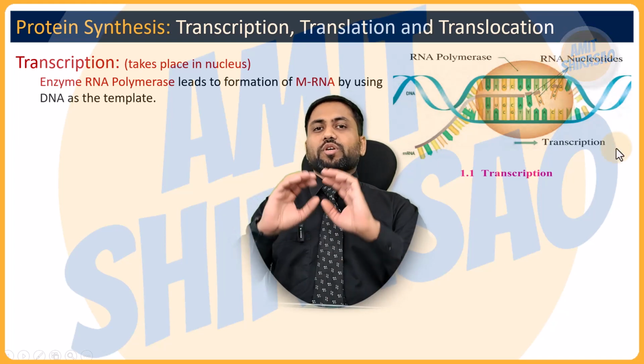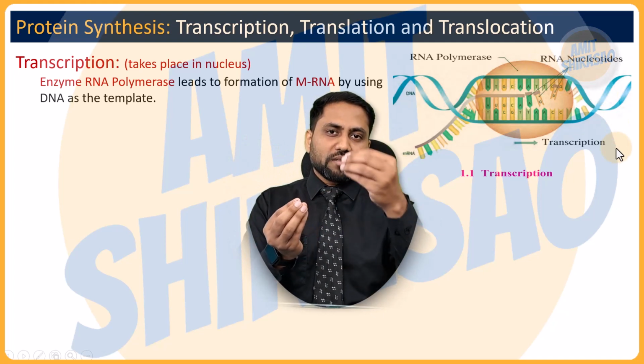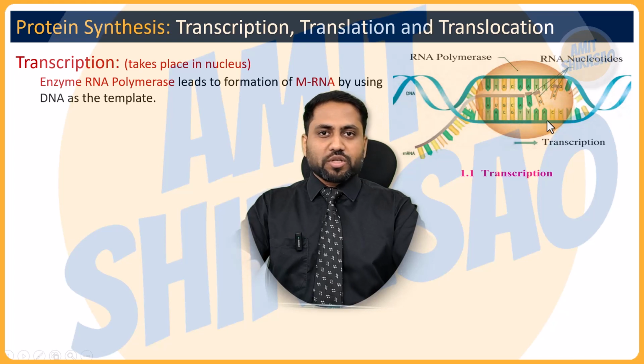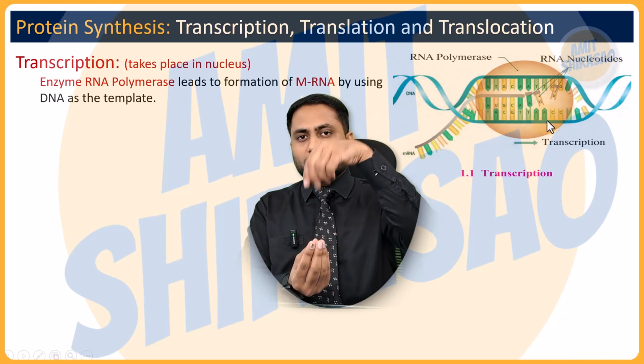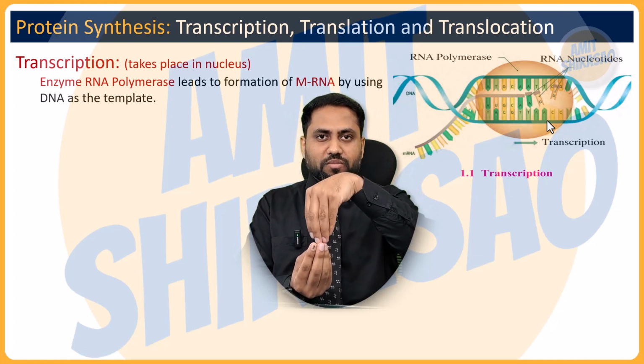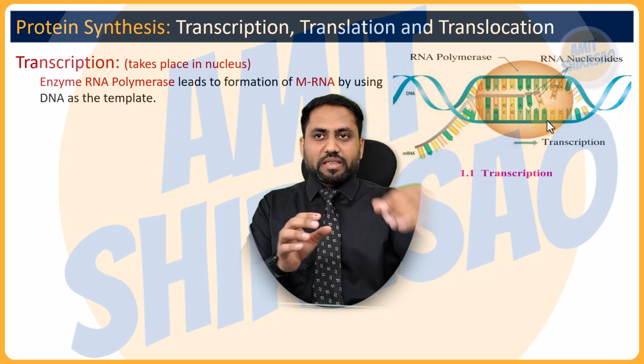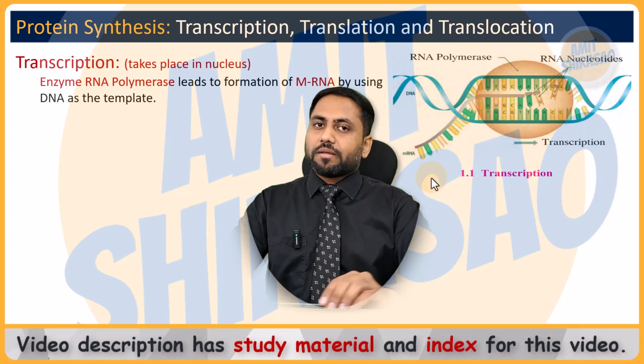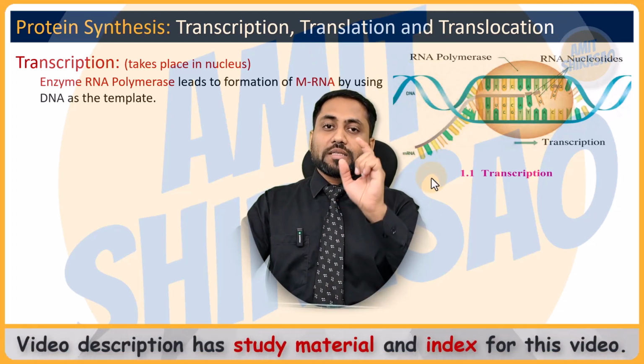They are already floating around in the cytoplasm. They keep coming there based on whichever nitrogen bases are there on the DNA strand. The opposite nitrogen base will come and get collected. Okay, and they form one strand, and that strand is called mRNA. This process is called transcription.